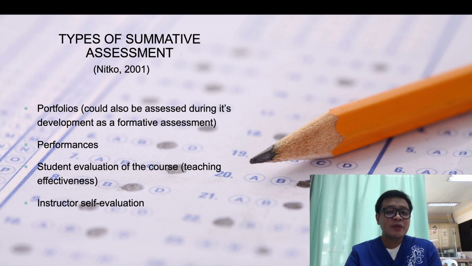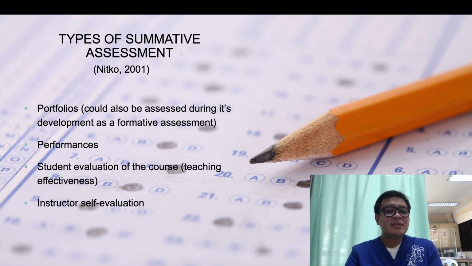Student evaluation of the course is about teaching effectiveness. It's one way for us to make sure that students give evaluation, telling what they need to learn more, things that need to be adjusted, and things they wanted to add in their vocabularies.